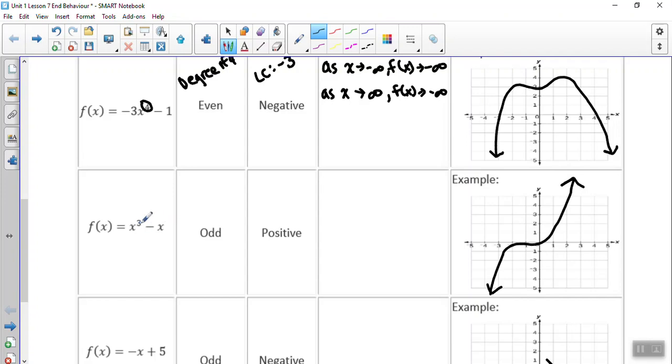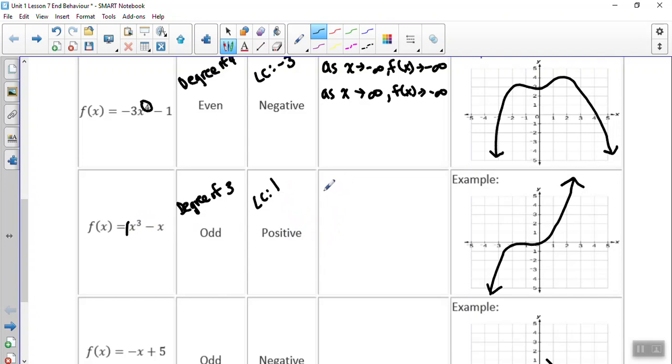Odd because my exponent is 3, so this is a degree of 3, and 3 is an odd number. And this is positive because my leading coefficient here is 1, the number in front is 1, just a positive number without a negative symbol.